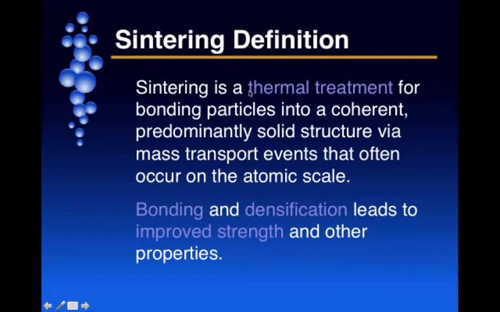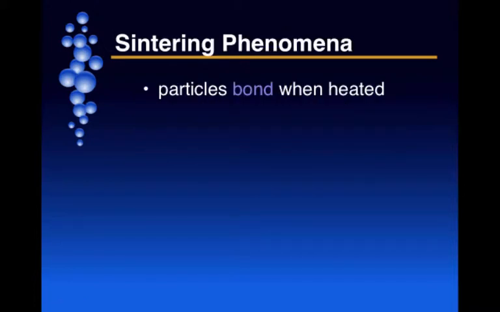So sintering is basically a thermal treatment during which bonds are formed by atomic transport. Bonding leads to improvement in strength and other properties. The mass transport also leads to densification and changes in the pore structure. So the phenomena to study sintering and follow its progress include the bonding of the particles when they're heated.